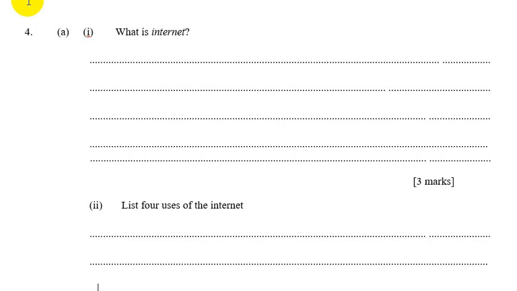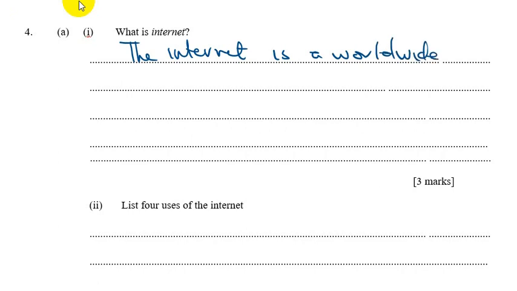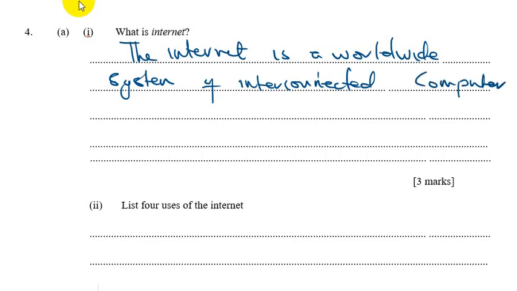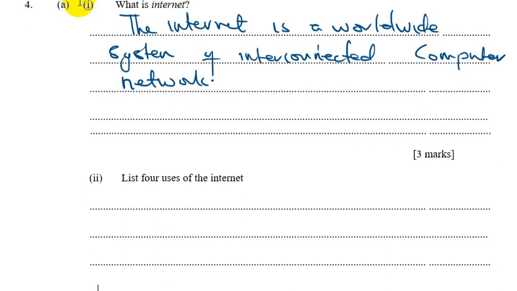Okay, so the internet is a worldwide system of interconnected computer networks. Any of the two will go through.